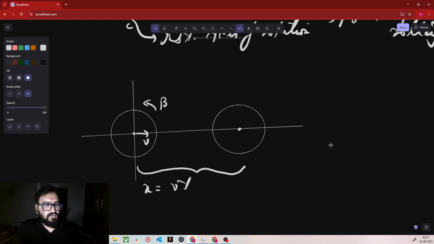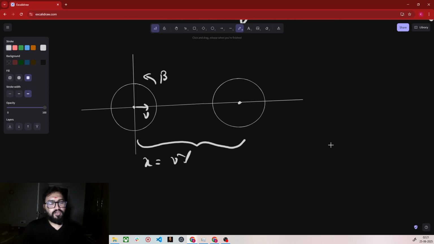Now, where would the instantaneous axis of rotation be?